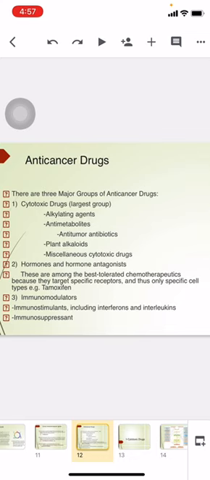Another classification of the cancer chemotherapeutic agents, or antineoplastic agents to be precise in the definition: they are cytotoxic drugs like alkylating agents, antimetabolites, plant alkaloids, or miscellaneous agents. Of course, I have certain antineoplastic agents acting by another mechanism of action, like hormonal agents which act on hormonal receptors, like treating patients with hormone receptor positive breast cancers, and immunomodulatory agents and immunosuppressive agents.